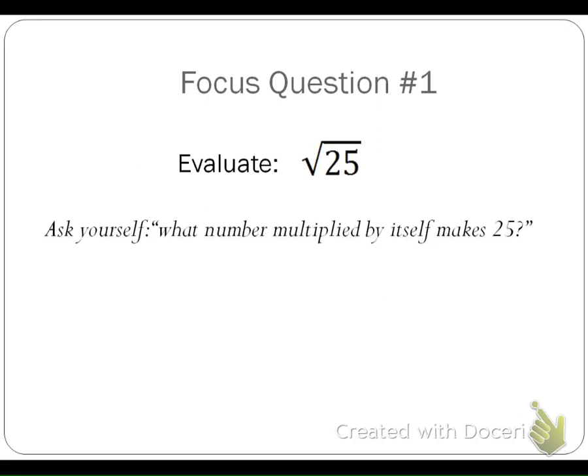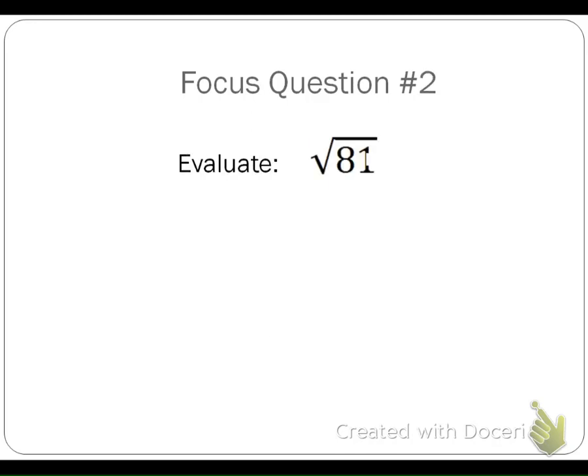What number can I multiply by itself to equal 25? And we did this before. It's 5, because 5 times 5 equals 25. How about the square root of 81?